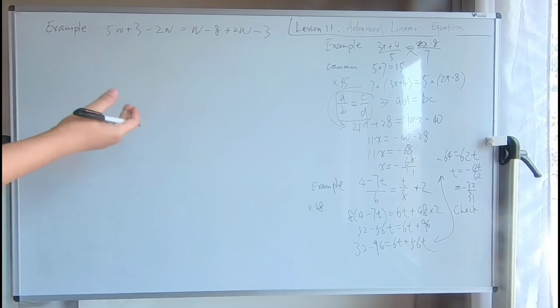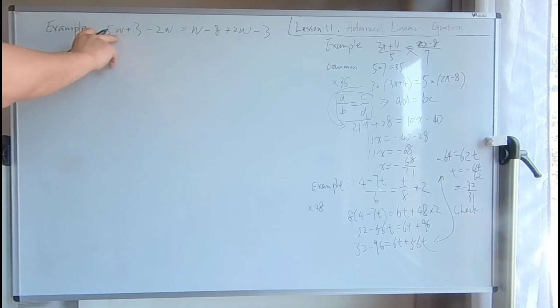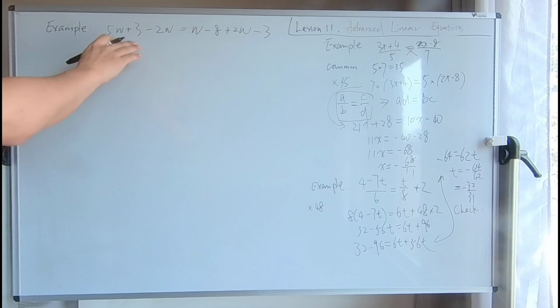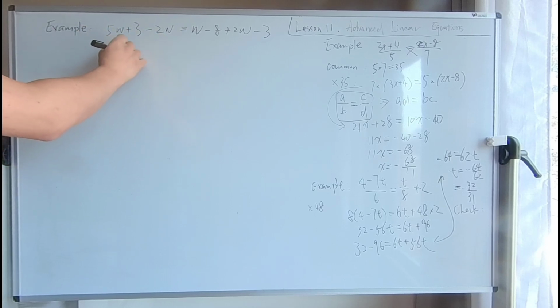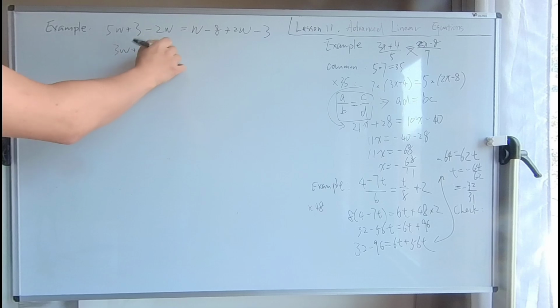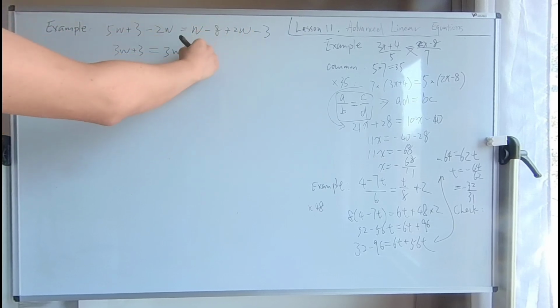So again, the first step is to observe that I have my unknown variable written as w, and I have all others as constant terms. So let me simplify the expression first by combining the similar terms. So 5 minus 2, I have 3w plus 3, and I have 3w minus 11.